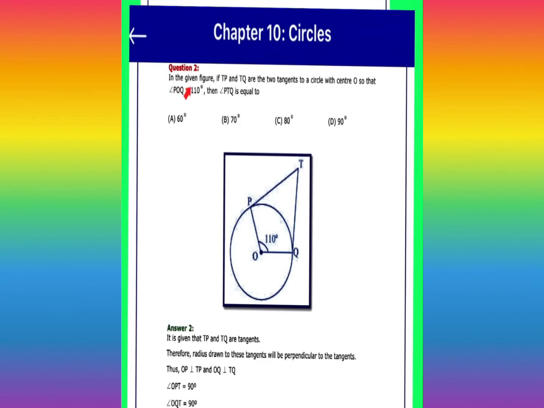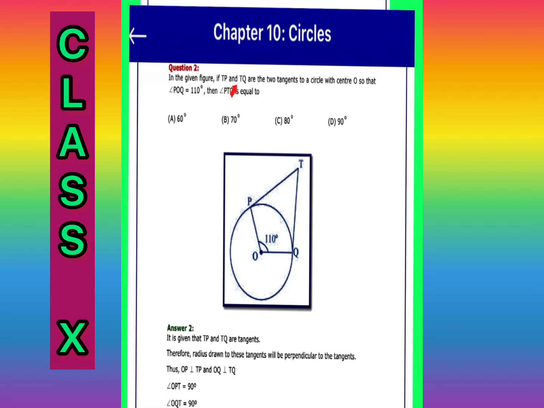In the given figure, if TP and TQ are the two tangents to a circle with center O, so that angle POQ equals 110 degrees, then angle PTQ is equal to what? The answer of this question is 70 degrees.